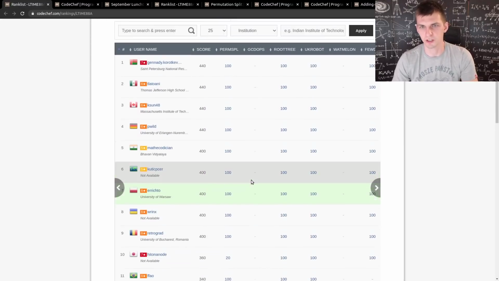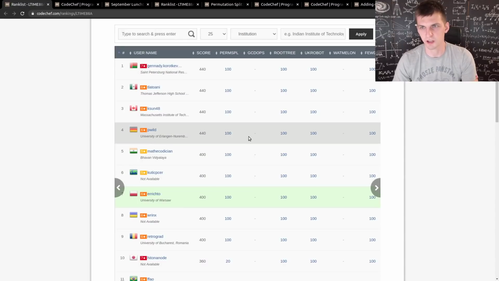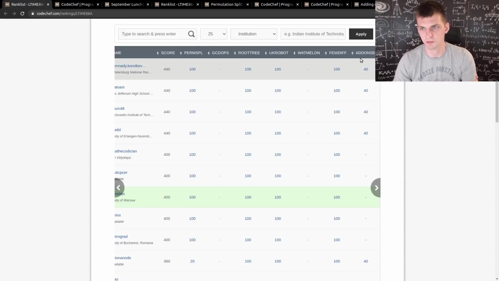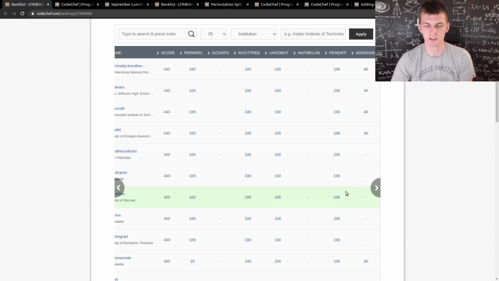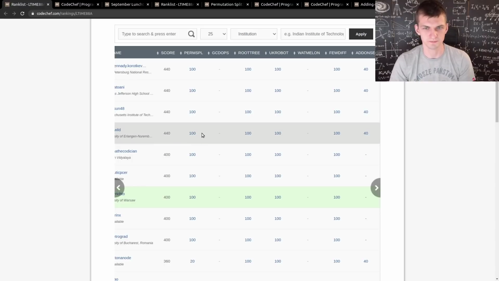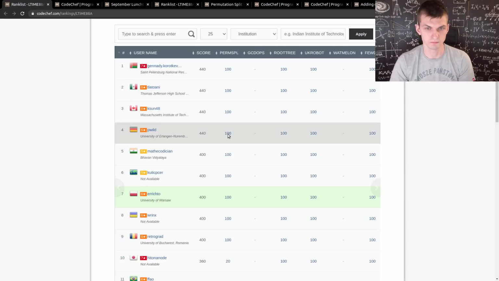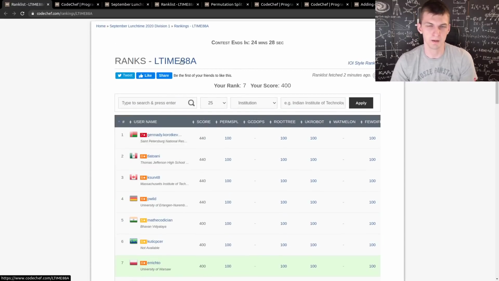So I will read later a tutorial for permutation split and for the problem I couldn't solve, add-on segment. Maybe a subtask is solvable with simple number theory, like greatest common divisor and LCM. But I bet that the full problem is just flow, because it looks so. Maybe I'm wrong.